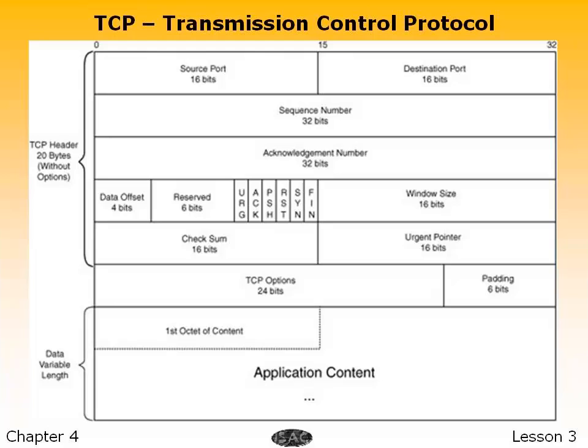Once the TCP receiver has reassembled the sequence of octets originally transmitted, it passes them to the application program. Thus, TCP abstracts the application's communication from the underlying networking details.